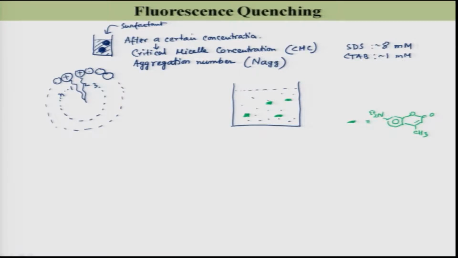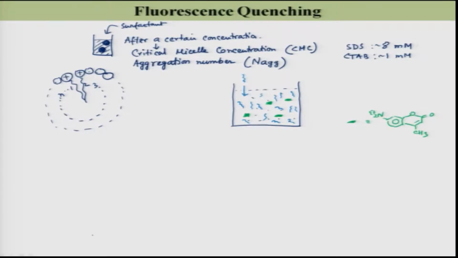You see this is not a polar molecule, and there is a low solubility in water. The solubility of this molecule is higher in non-polar medium than in polar medium. Now, you keep on adding the surfactant molecules. As you increase the concentration of the surfactant molecule, there is not much change in the local environment of this fluorophore.